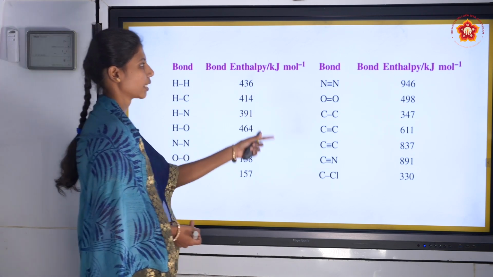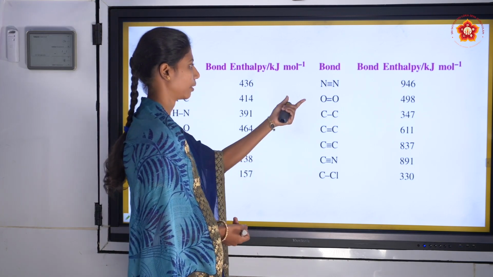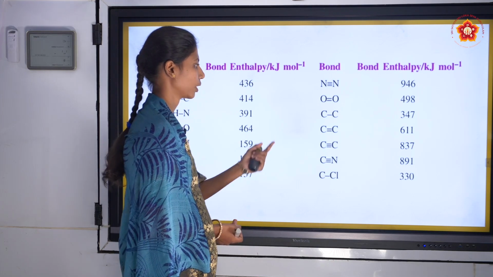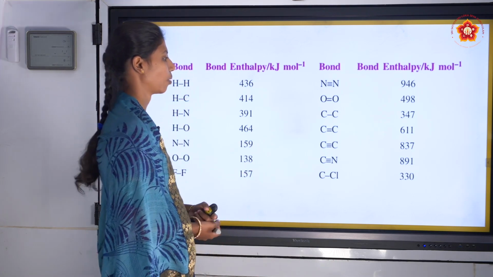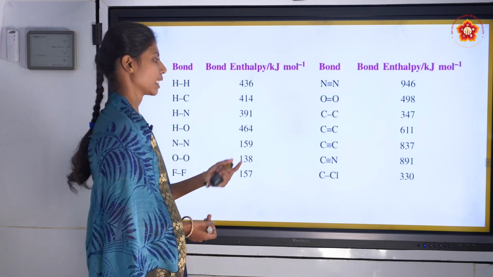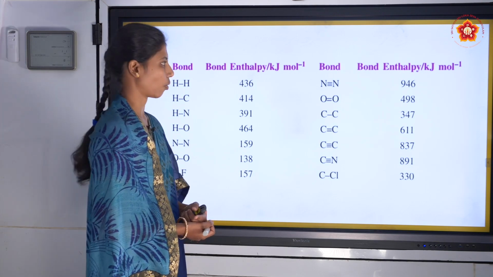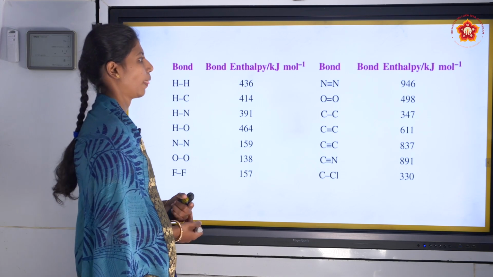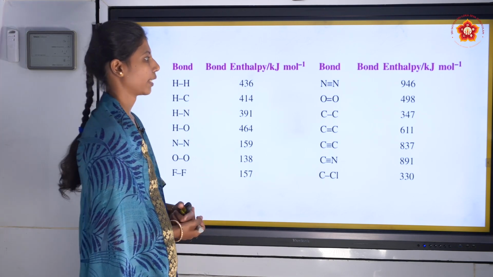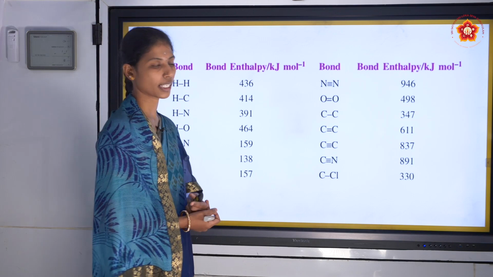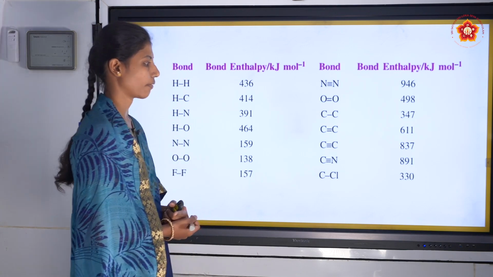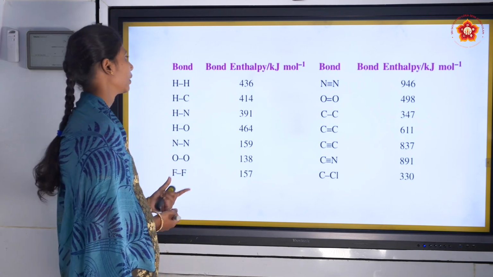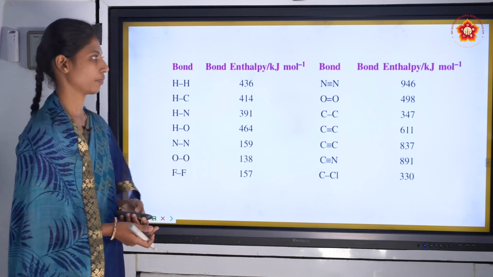Next, N triple bond N, O double bond O, C single bond C, C double bond C, C triple bond C, C triple bond N and C single bond Cl have bond enthalpies in kilojoules per mole of 946, 498, 347, 611, 837, 891 and 330. These are all the bond enthalpies.